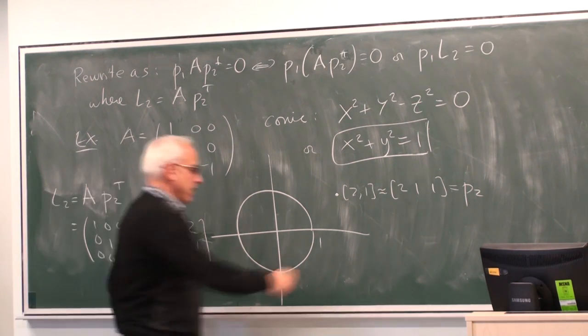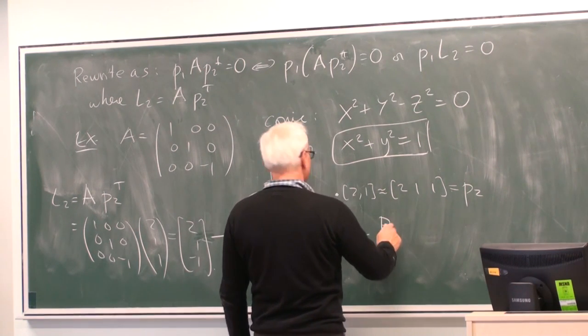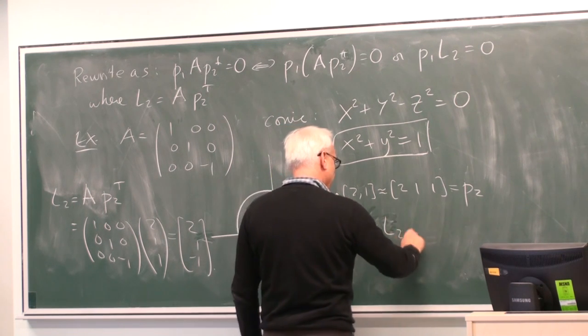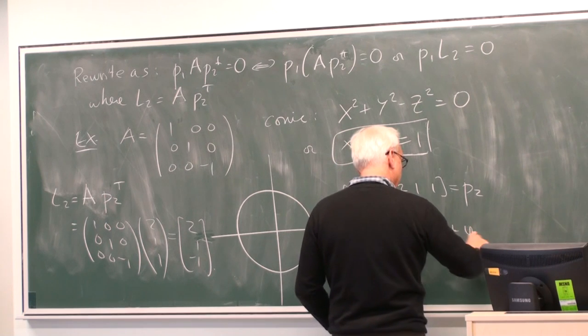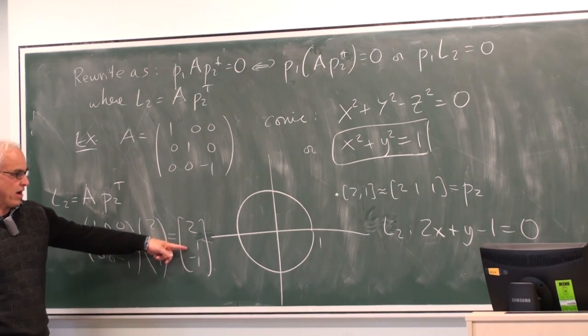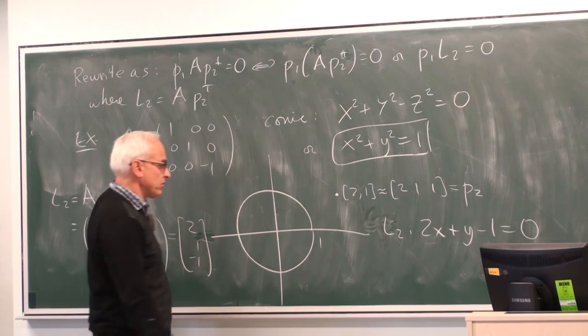So what is that? This L2, let's draw it. It really is the line 2x plus y minus 1 equals 0. What does it pass through? If x is equal to 0, y is equal to 1.